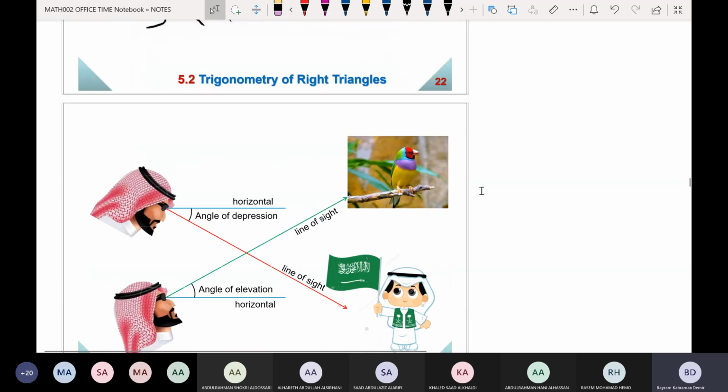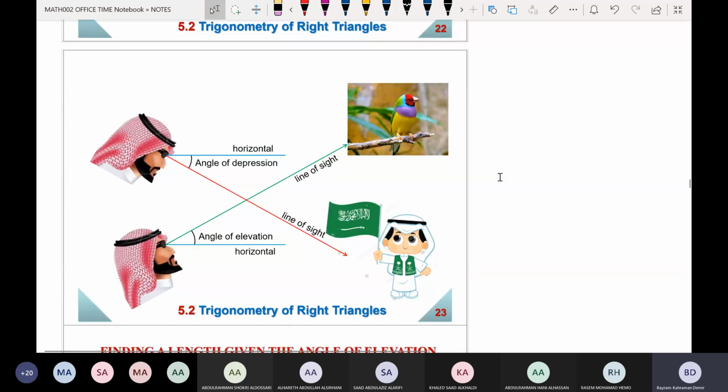Suppose somebody is looking up in the picture. If you like to look at a bird on a tree, you need to lift your head so that you can see the bird. That means you are going to make an angle between the horizontal level of your eye and your line of sight. That will give you the angle of elevation.